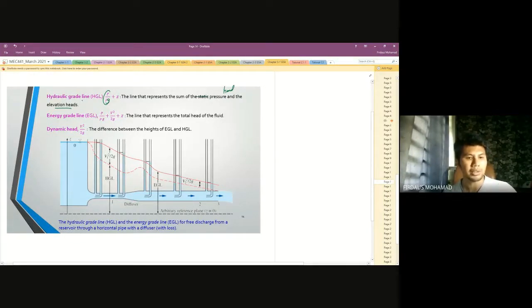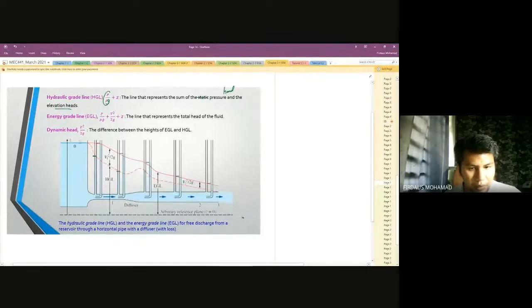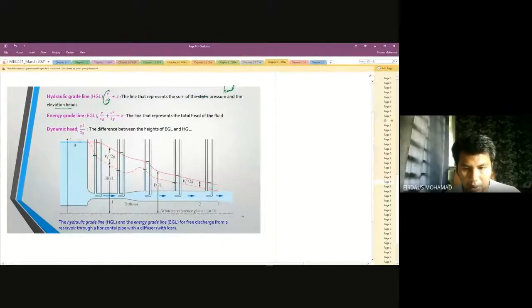So where is the hydraulic grade line? We read it based on the piezometer level. So it is here, one here, and then this here. If we connect them, this red dash line, this line is known as the hydraulic grade line.